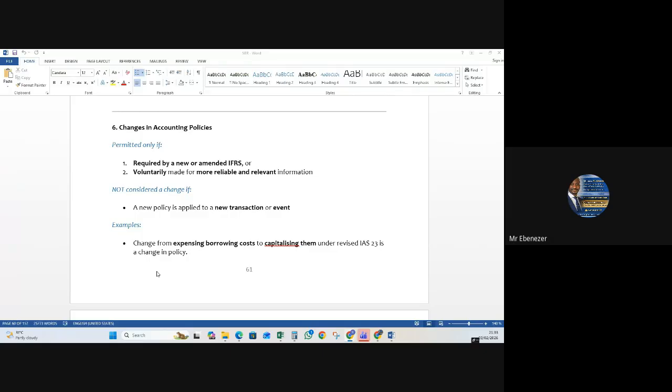Now, this year we have an amendment in the lease standard. You don't have any lease before, and now you want to apply the new lease standard to the new transaction. Then it is not a change in policy. All right, it is not a change in policy. So that's it.